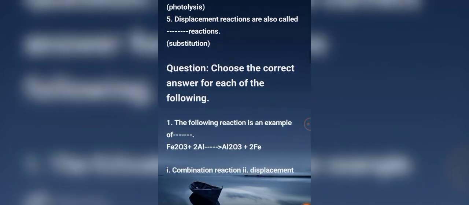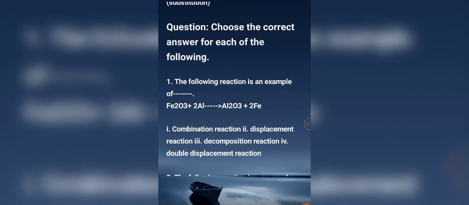Next part, choose the correct answer for each of the following. Number 1, the following reaction is an example of Fe2O3 ferric oxide plus 2Al, product aluminum oxide Al2O3 plus 2Fe.